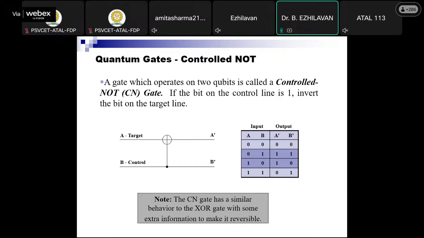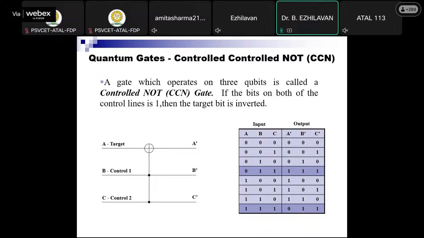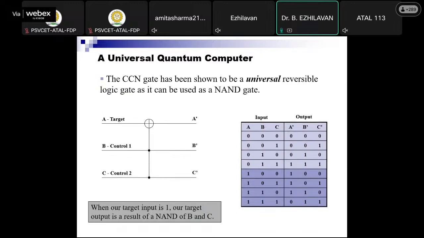What happened here is it simply uses an XOR gate with some extra information to make it reversible. XOR gate for 2 qubits is the controlled NOT CN gate. Similarly, here what it uses is a NAND gate. Okay, the output is the result of a NAND gate of B and C.